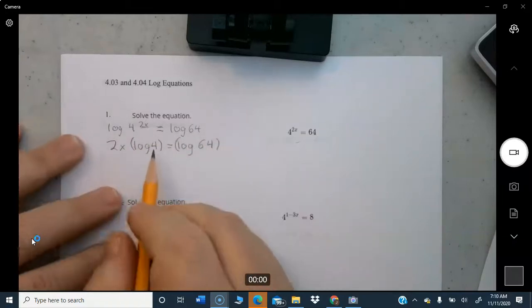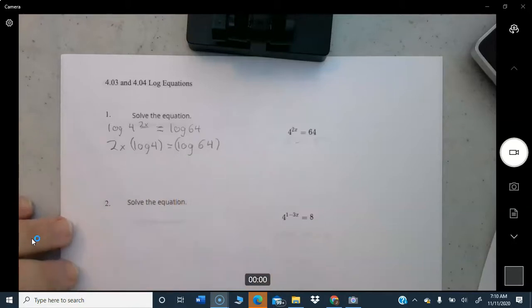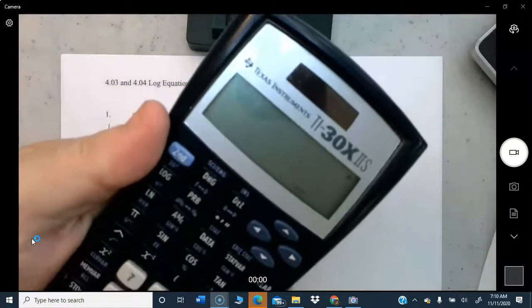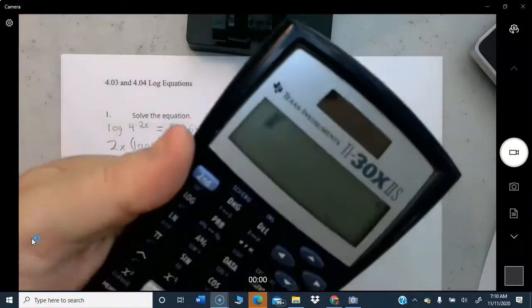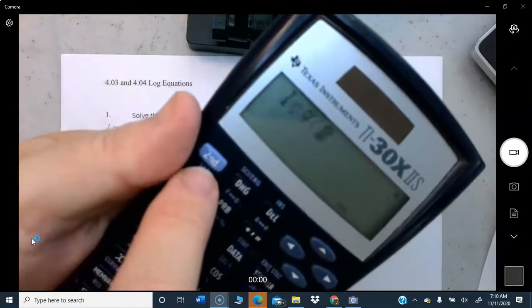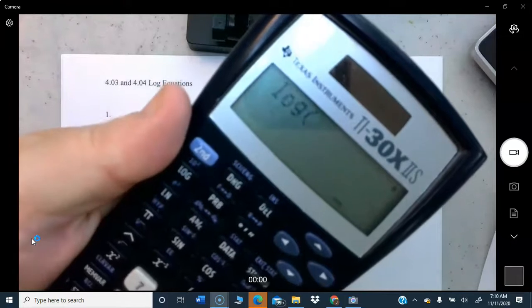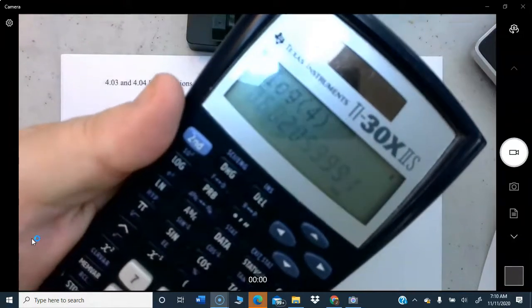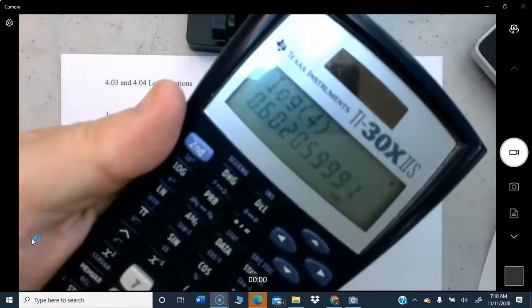The log of any real number you can do on a calculator. So log of 4: I press the log button, put in a 4 and parenthesis, and I get 0.602.